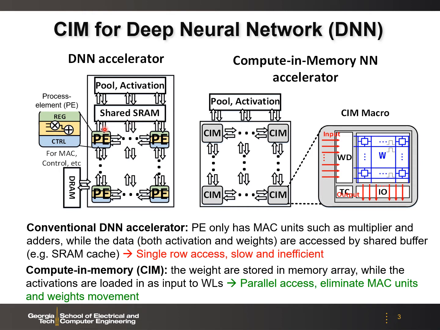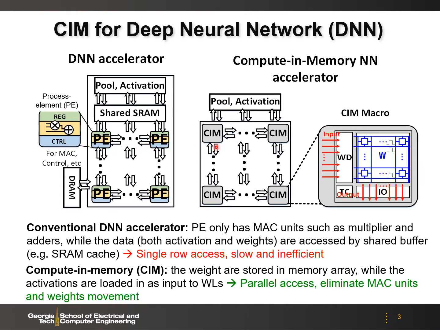And there are multiple processing elements made of the digital multipliers and adders. And then we are going to load in the activations and weights to do the MAC operations on the PEs. So still the computation happens within the PE, and the memory is separately stored on the global buffer.